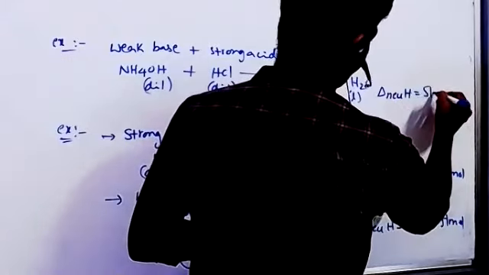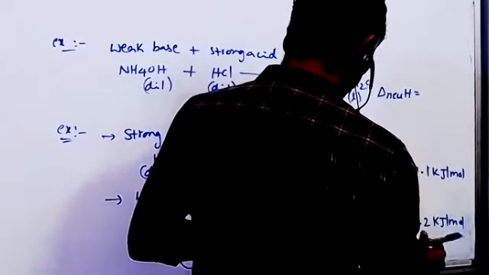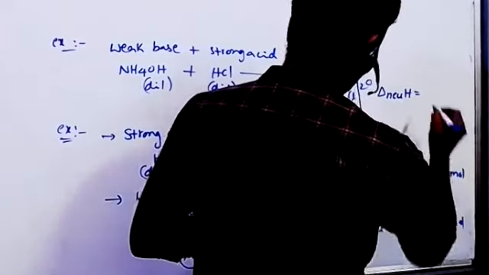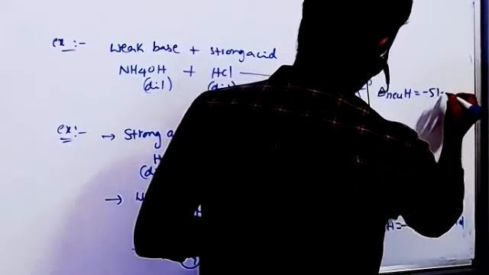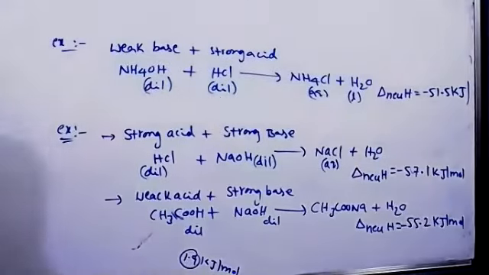Enthalpy of neutralization is minus 51.5 kilojoule per mole. Here also ammonium hydroxide is a weak electrolyte. To undergo complete ionization, it absorbs more heat, nearly 5.6 kilojoules of heat is absorbed by ammonium hydroxide to undergo complete dissociation.